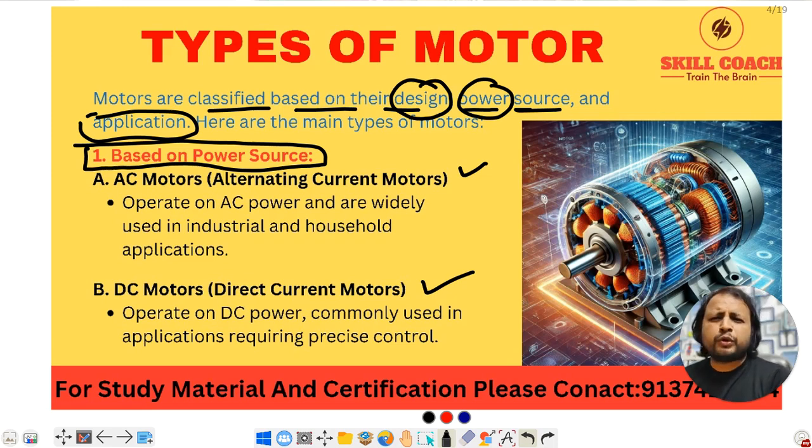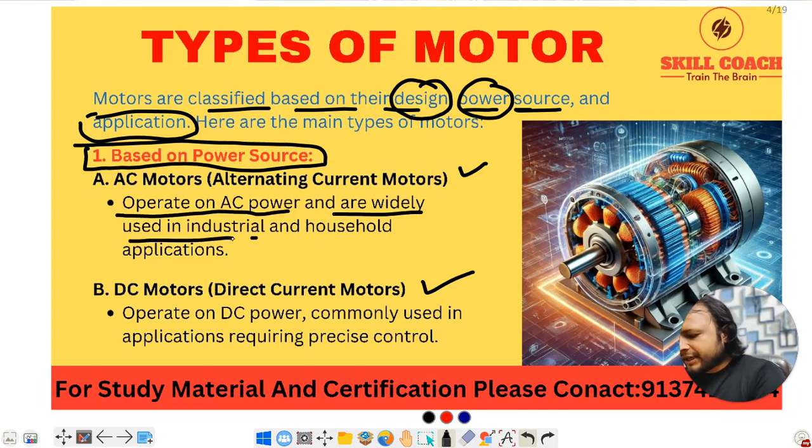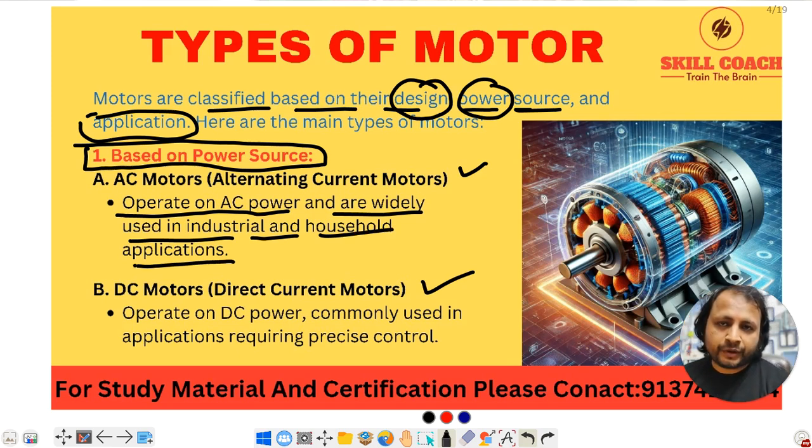I hope you know about AC and DC currents. AC motors operate on AC power and are widely used in industrial and household applications, like in fans and other applications.